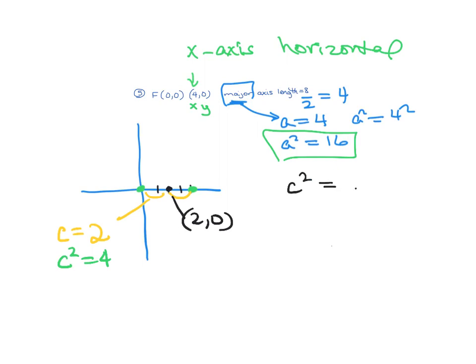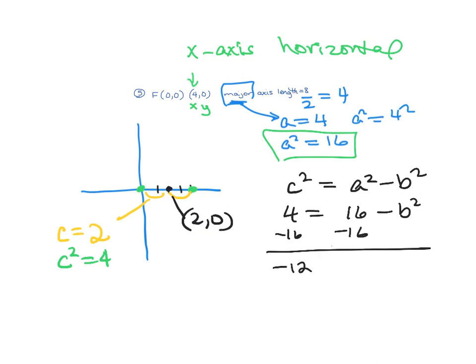So c squared equals a squared minus b squared. c squared is 4, a squared is 16, minus the b squared. Subtract the 16, negative 12 equals negative b squared, divide by negative 1, and b squared equals 12.